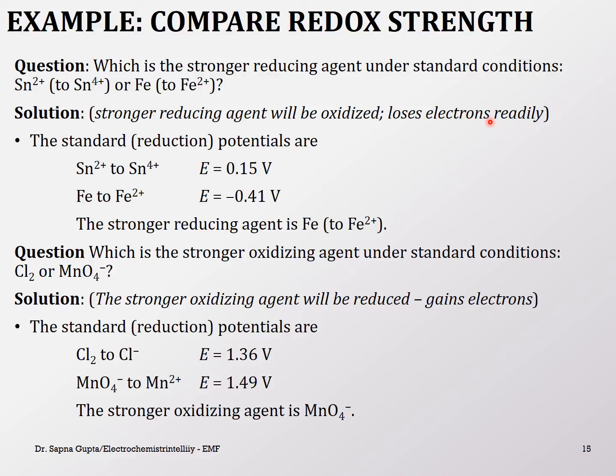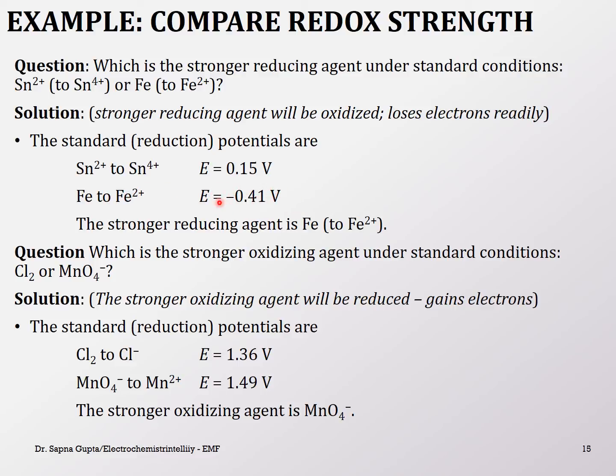That's what we're looking at. The standard electrode potentials for both reactions: tin 2+ losing electrons to give 4+ is 0.15, whereas iron losing 2 electrons is negative 0.41, which means this is a better reducing agent.